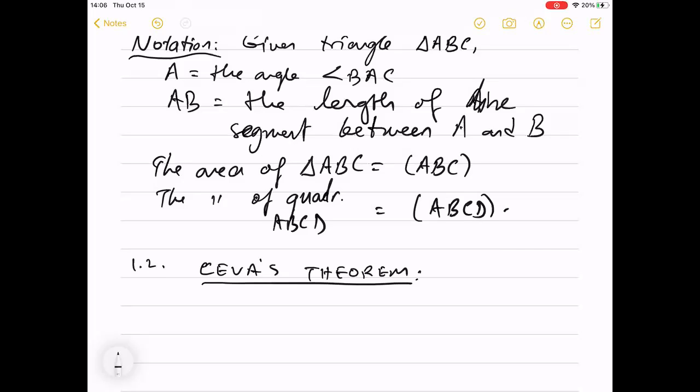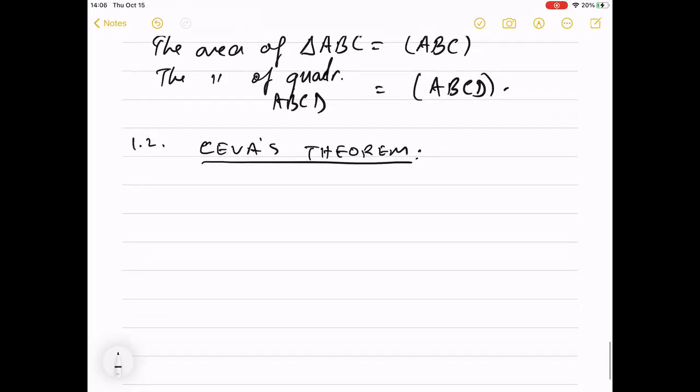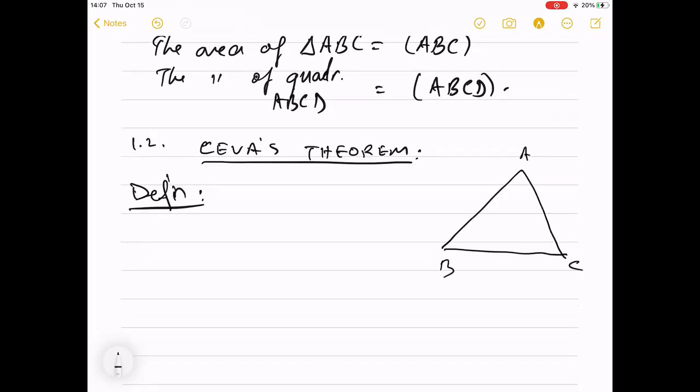Okay, here's a definition. Let me draw a picture. Let's draw a triangle like this. By the way, it will always be A, B, C in this order. If you join one of the vertices to the other side, the corresponding side, that's called a cevian.